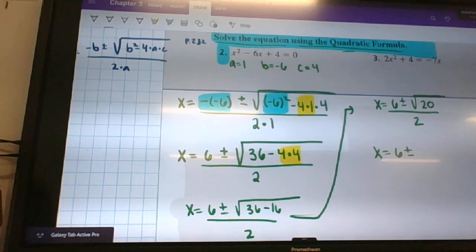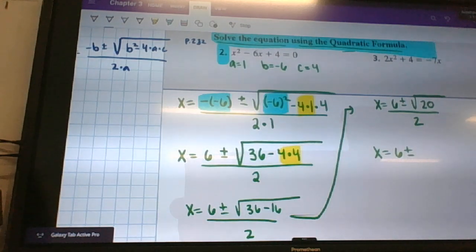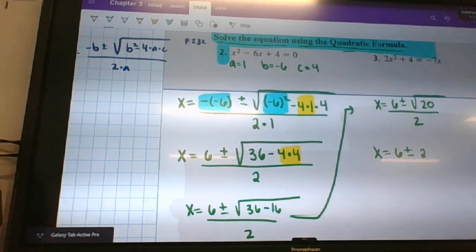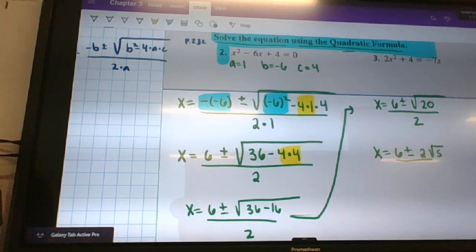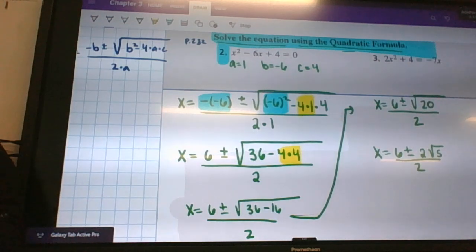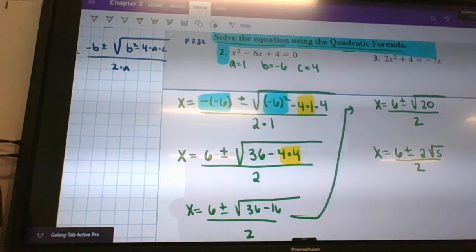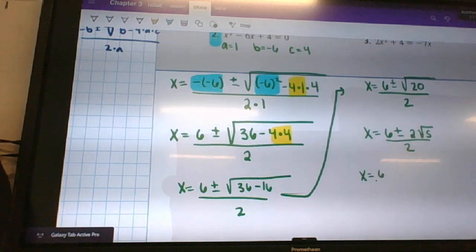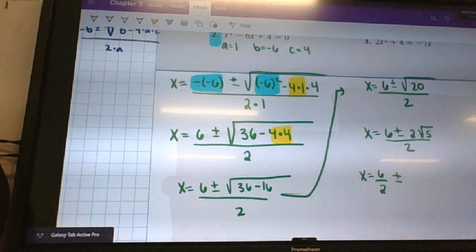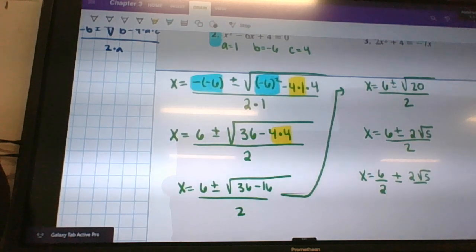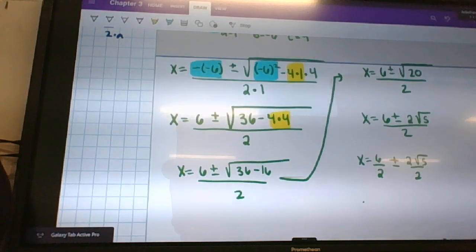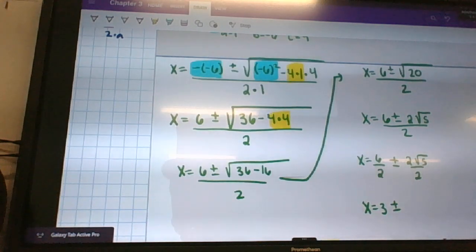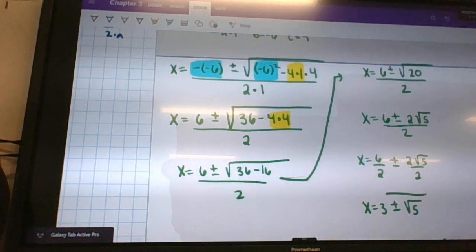It's dividing this number by numbers that do square root. Okay, and then a lot of students will stop here, but you can actually keep going. I'm going to go 6 over 2 plus or minus 2 square root 5 over 2. And 6 over 2 is 3. And the 2 over 2 can cancel. This is the final answer.